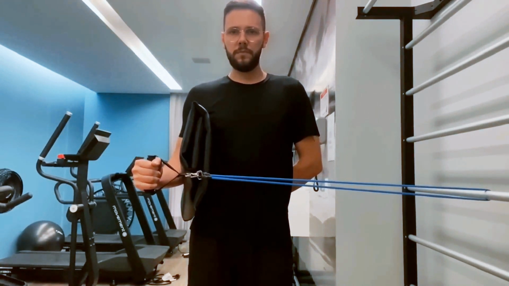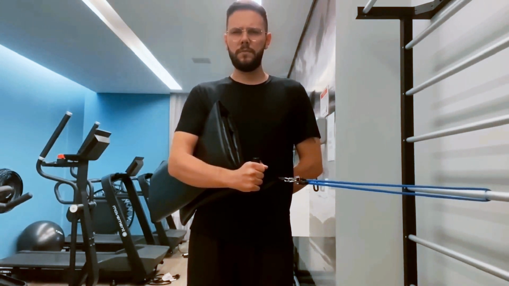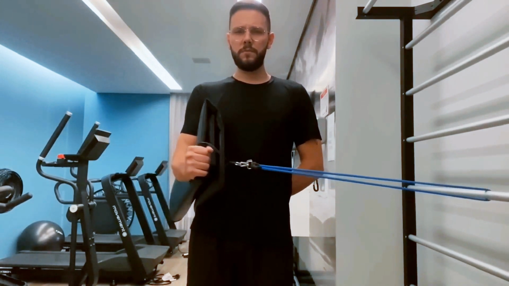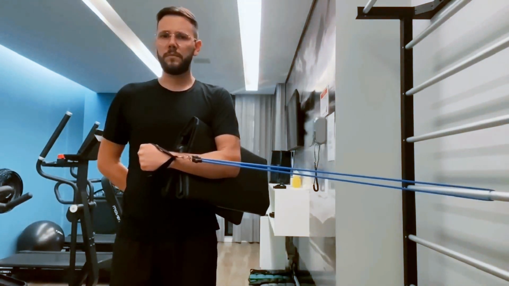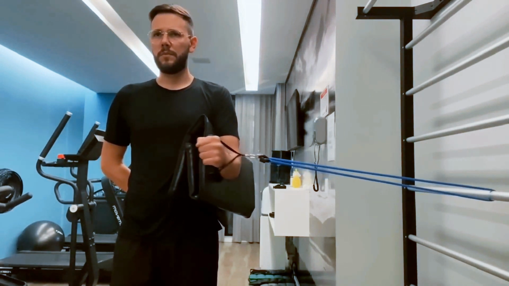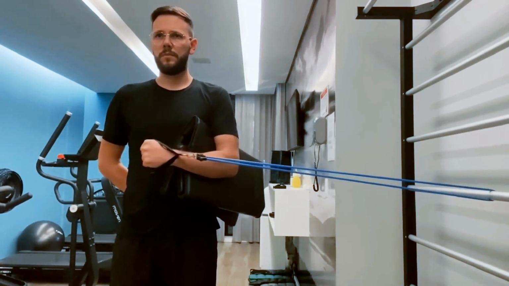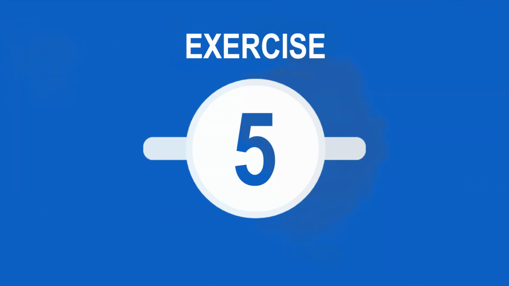The contraction should then be maintained for 5 seconds to engage the fibers responsible for shoulder stability, and the movement should be repeated in 3 sets of 8 repetitions for each side. The exercise can also be done in internal rotation, that is, starting from the outside to the inside as well. 3 sets of 8 repetitions for each side.